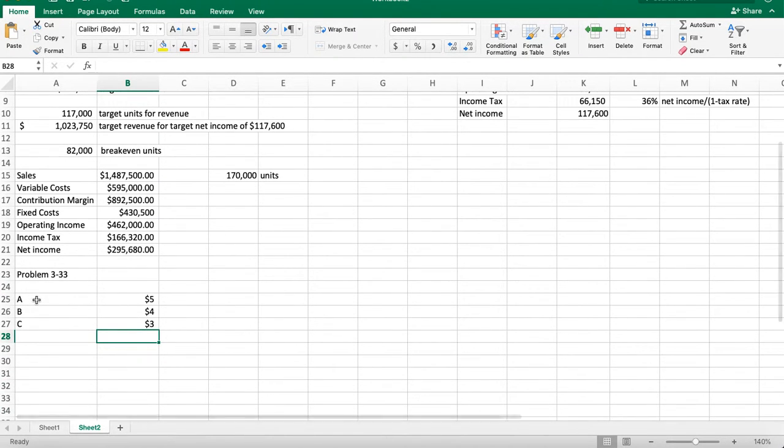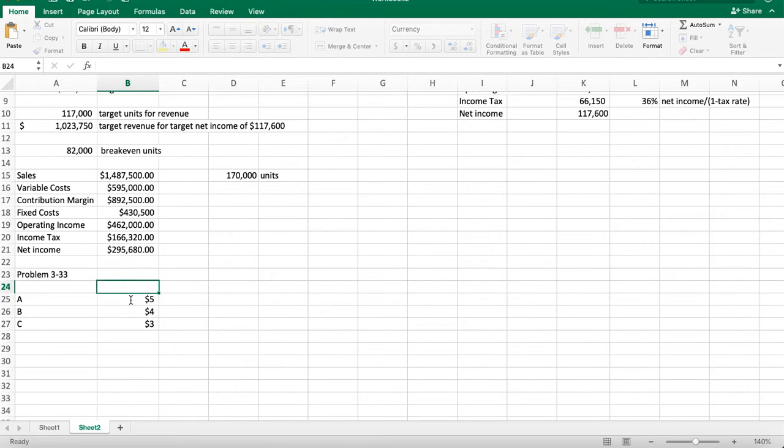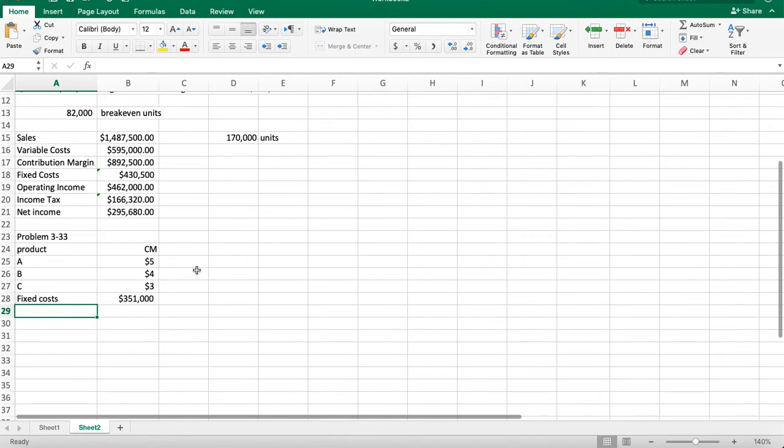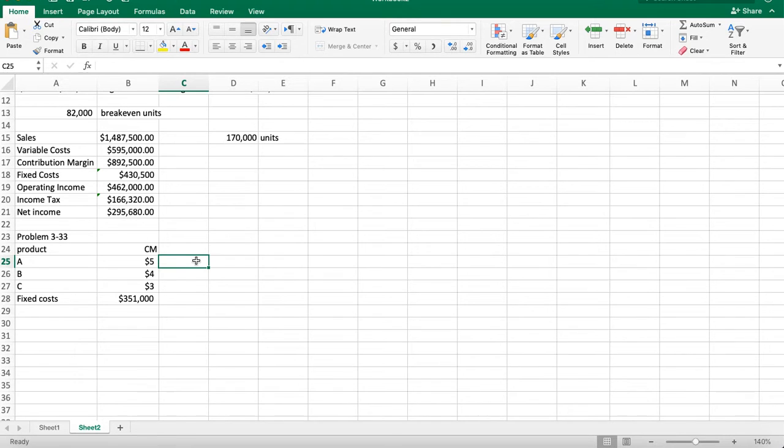Okay, so they tell us we have product ABC, contribution margin for each one is $5, $4, and $3 respectively. That's given to me. My fixed costs are $351. And it tells us that we sell 25,000 of A, 100,000 of B, and 50,000 of C.